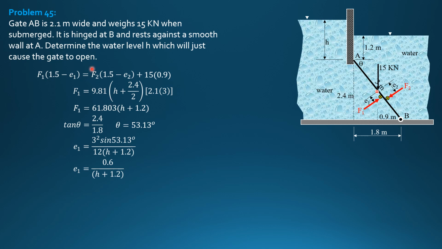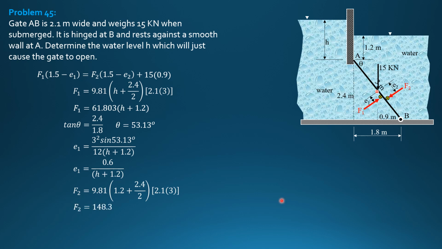Then F2. F2 is specific weight of water, 9.81, times h bar for F2, which is 1.2 plus this vertical distance, 2.4 over 2. So 1.2 plus 2.4 over 2, and the area is 2.1 times 3, same as the first because the gate is totally submerged.